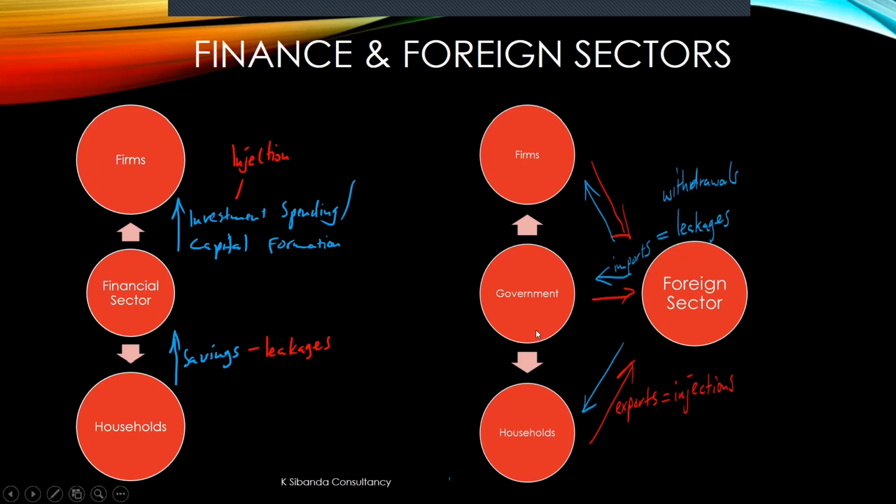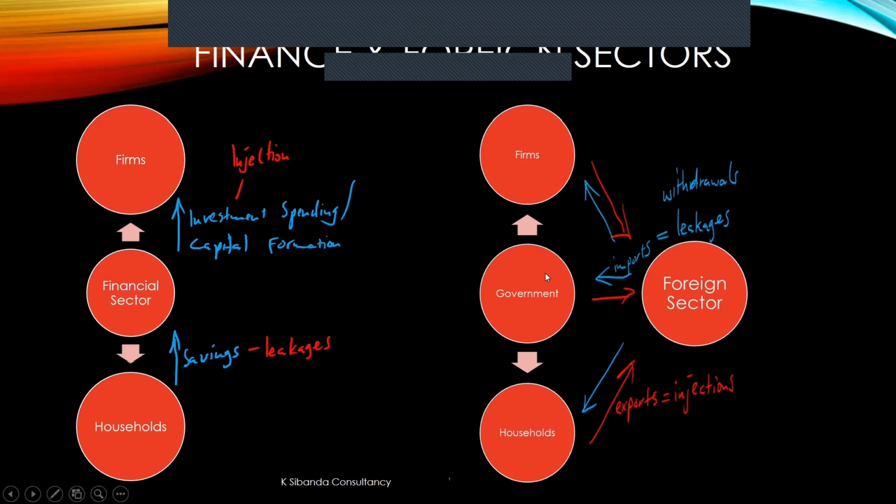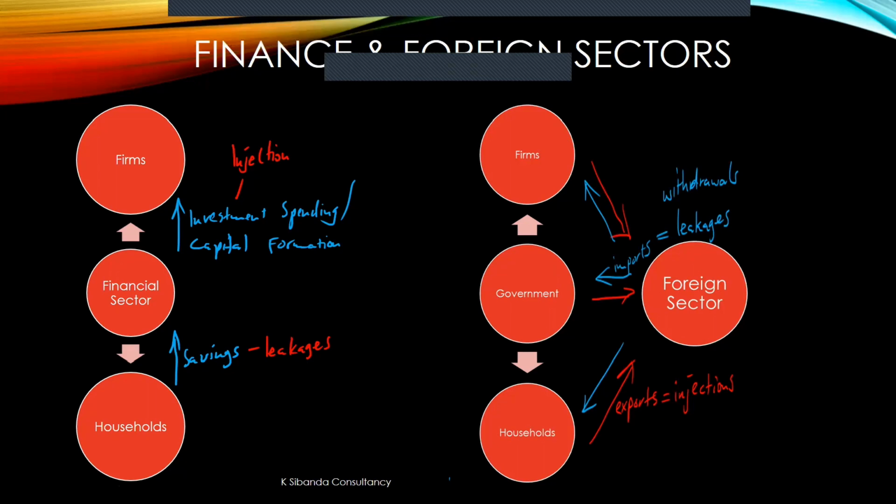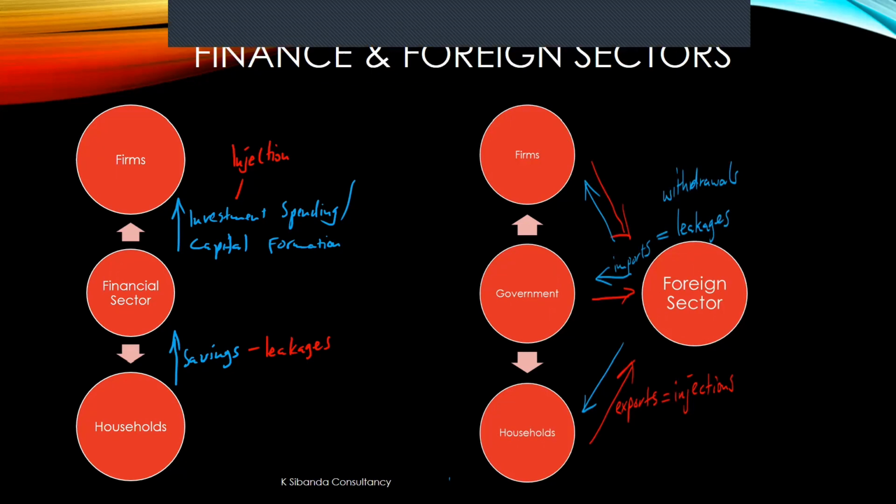So those taxes become withdrawals, because these are leakages. Instead of that money being spent, it's now being paid as tax to the government. The same thing with households and firms. It can be income tax, company tax, whatever tax is being levied by the government. So that becomes a leakage or a withdrawal.